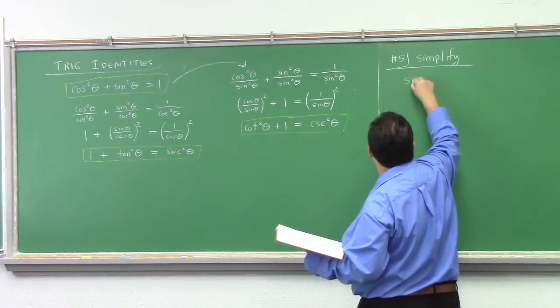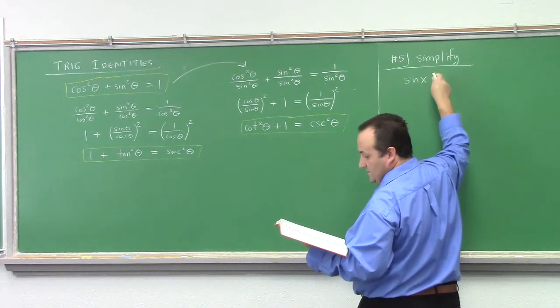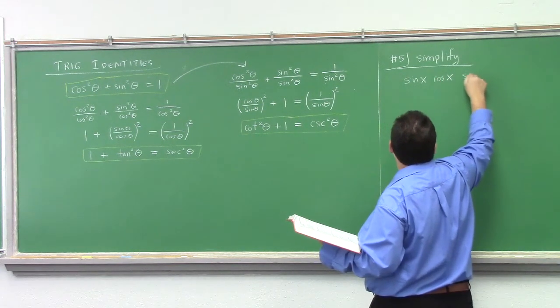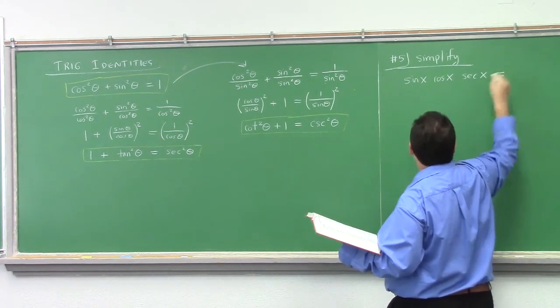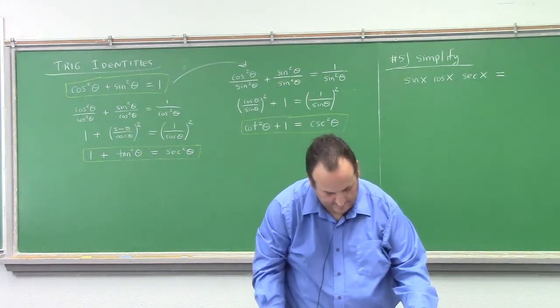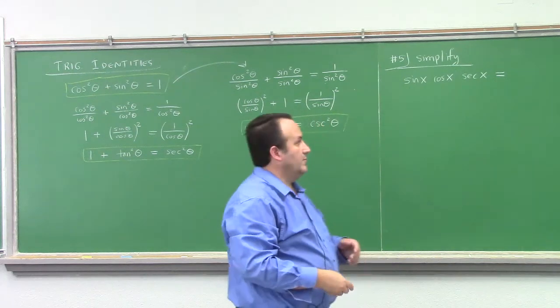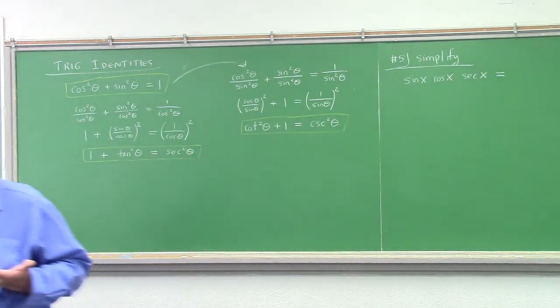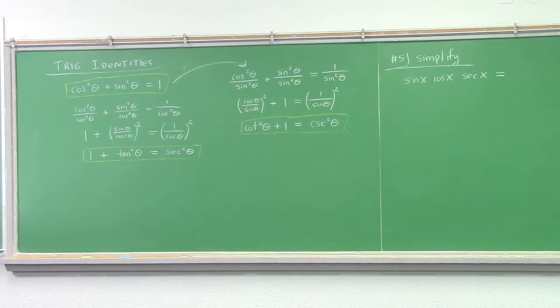Sine x times the cosine x times the secant x. Okay, so like how do we do this? What is there to do? Right? What is there to do?